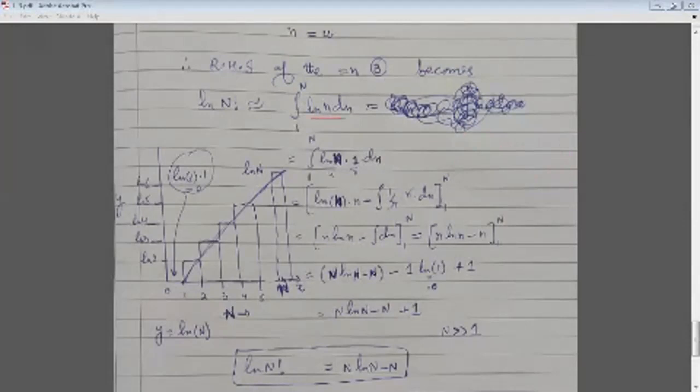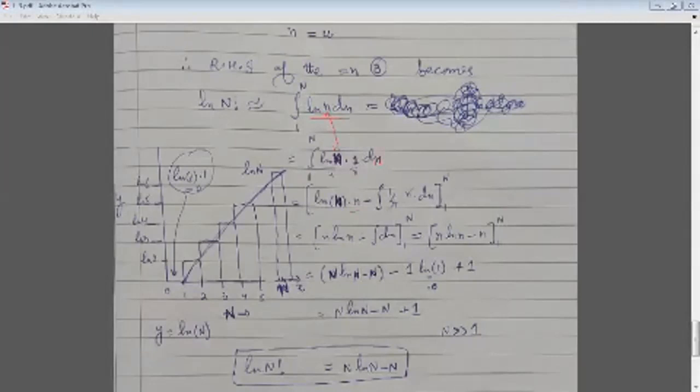We will first split this term. Suppose it is multiplied by 1: ln of n, remember this is small n here. ln n will be u, and 1 will be dv, along with dn. Then uv, where v becomes n, gives n ln n, minus the integral of v du.